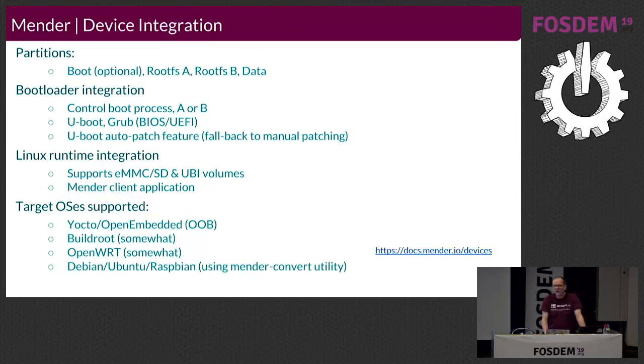We also have some automatic patching of U-Boot, where if the U-Boot functionality for your board follows some of the newer functionality within U-Boot and is implemented similar to other boards, we're actually able to detect and patch the right files automatically.